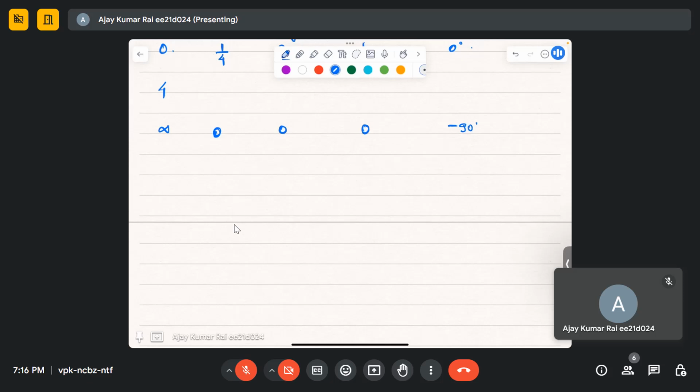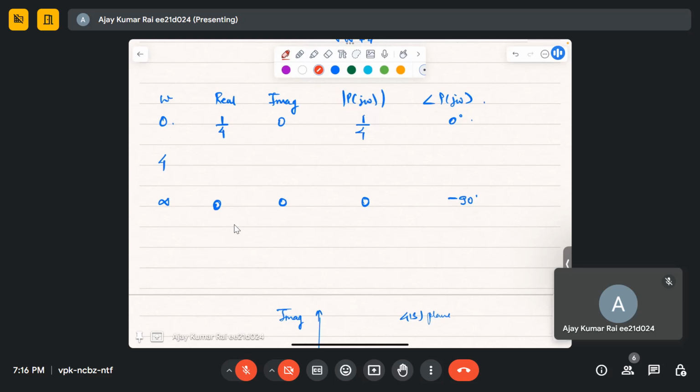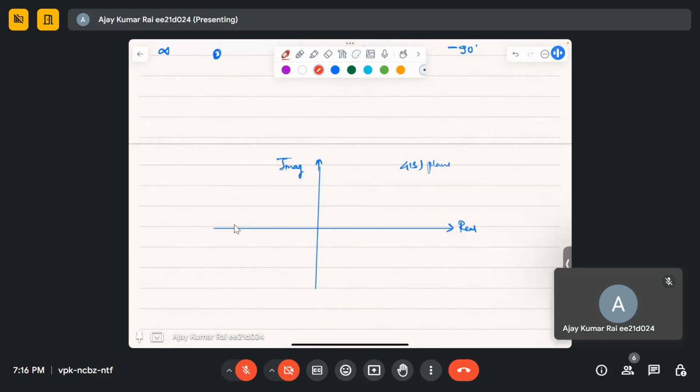We'll also find that omega equal to 4, but we have some points. So this is the complex plane. We have the information for 2 points. One is real at omega equal to 0, 1 by 4.